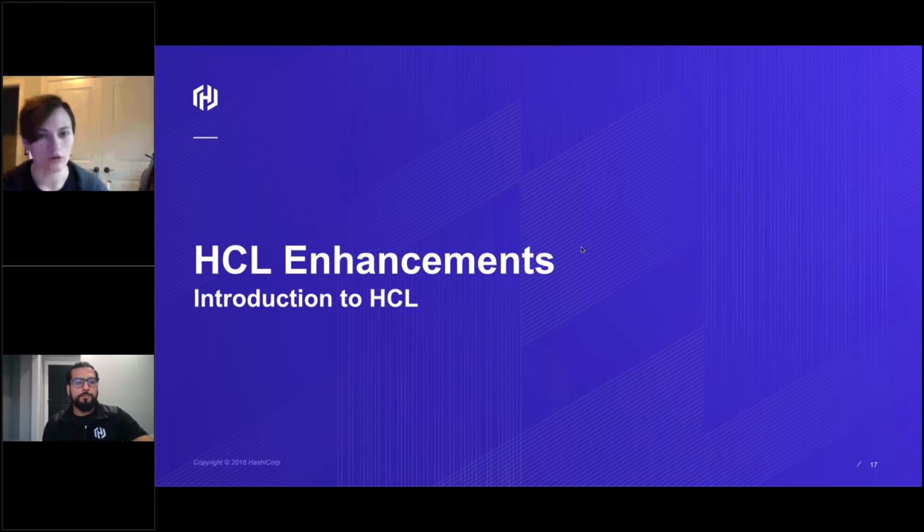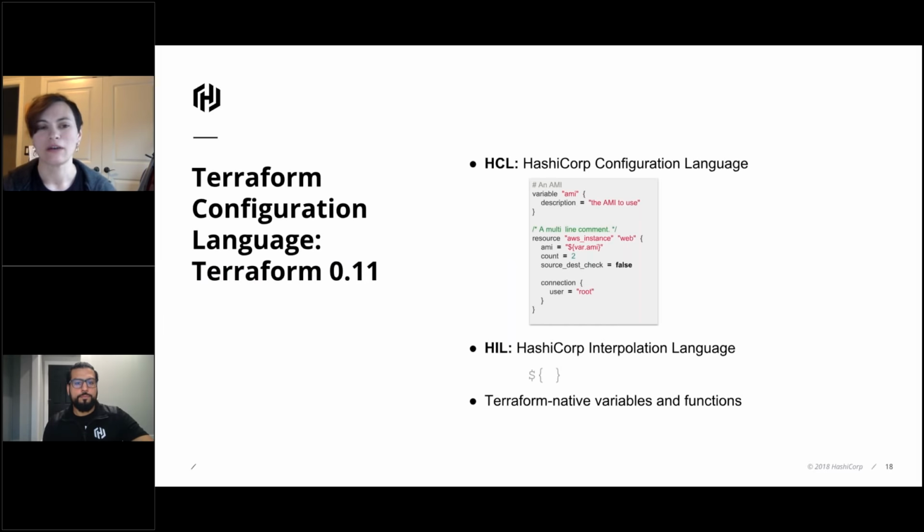So I'm going to do a quick overview of HCL, and then we can look into some of the specific enhancements. Now in Terraform version 0.11 and earlier, when I'm talking about the configuration language, it's made up of 3 components. HCL is the HashiCorp configuration language, and this gives us our block syntax and attribute syntax.